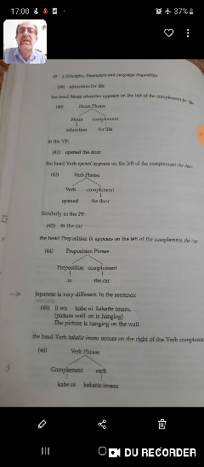Again, we see that there are two elements in it. One is the verb, like opened, and the other is the complement, which is the door. So the verb phrase opened the door has got two parts: opened and the door.